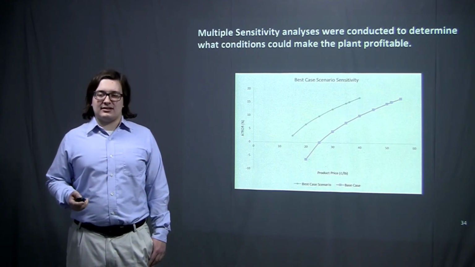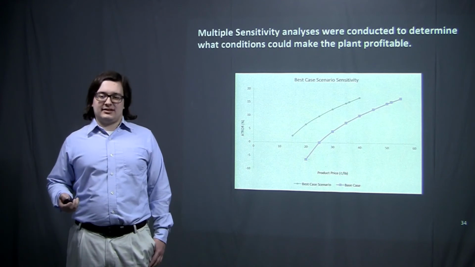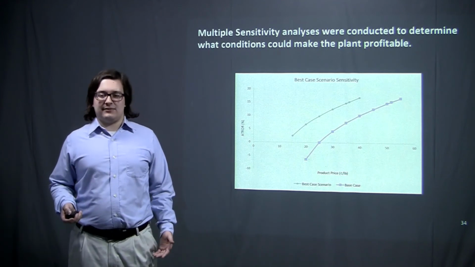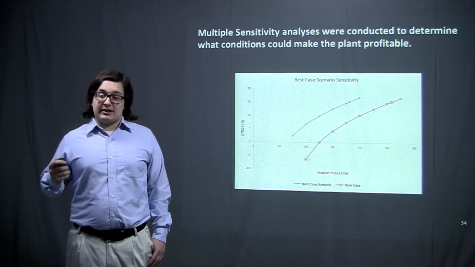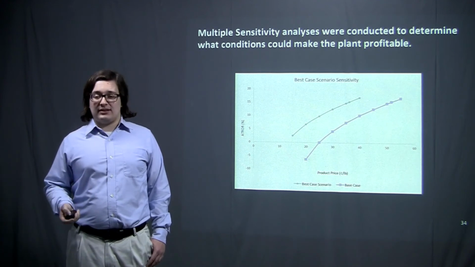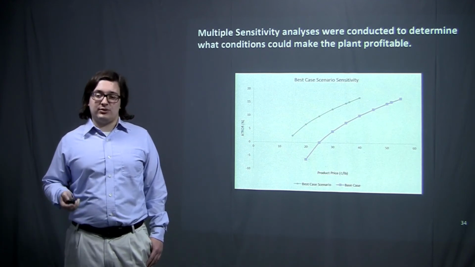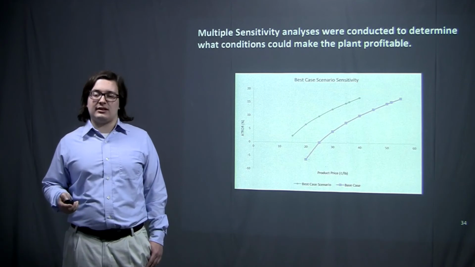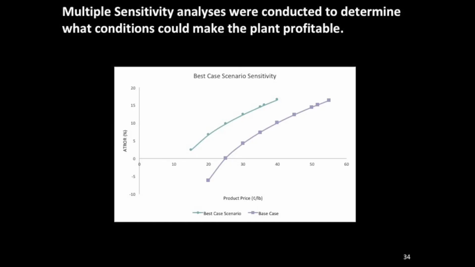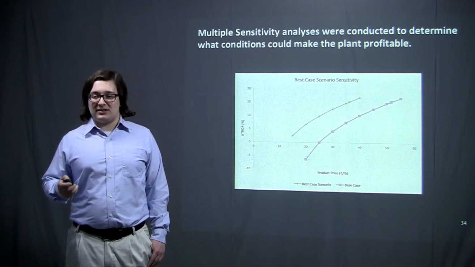Finally, our last analysis was what we called our best case scenario. We combined multiple of our sensitivity studies, including the capital cost reduction, the increased plant lifespan, as well as reducing the costs of our electric utility. Under these conditions, the plant is in a more realistic state. Again, it's still not profitable, but it's better.